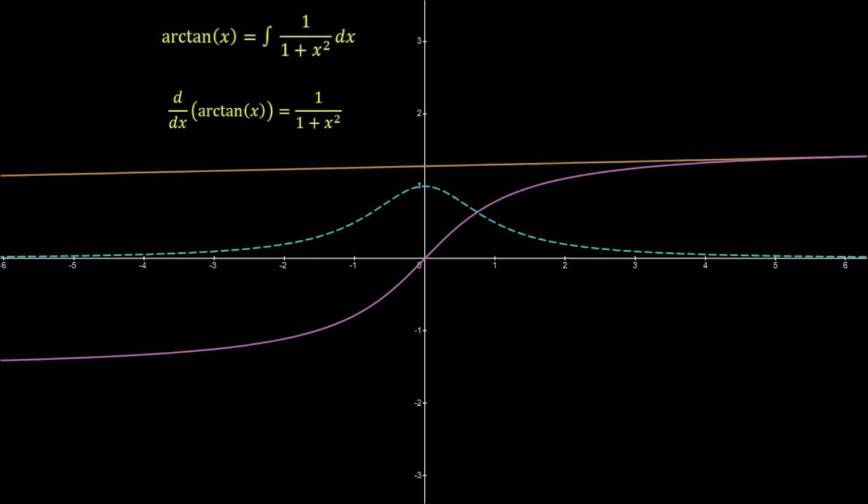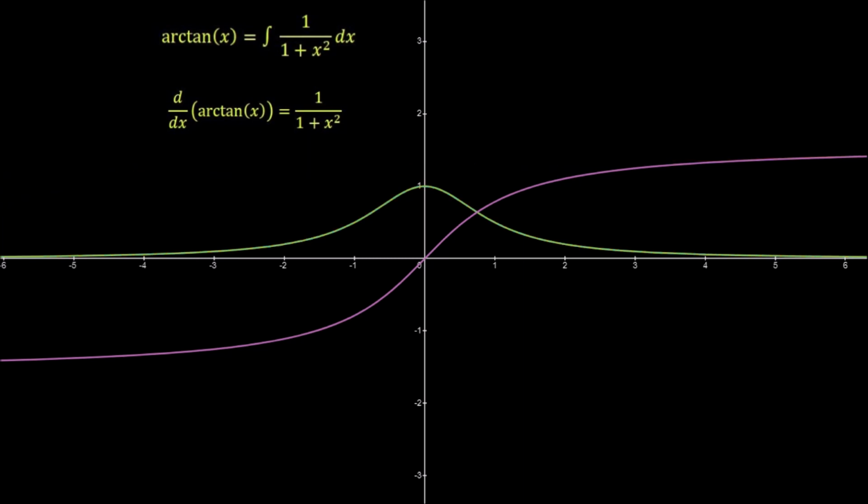So let's put this function 1 upon 1 plus x squared on the diagram. You can see here that the function 1 upon 1 plus x squared is exactly d by dx arctan x.